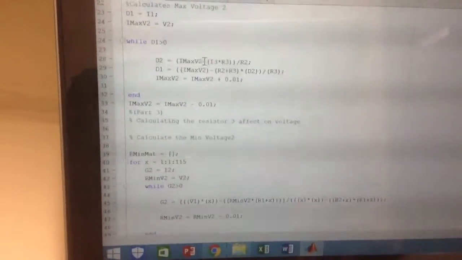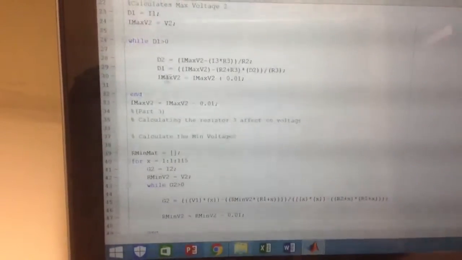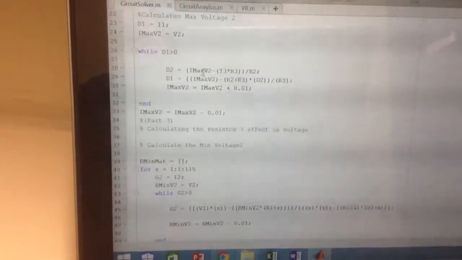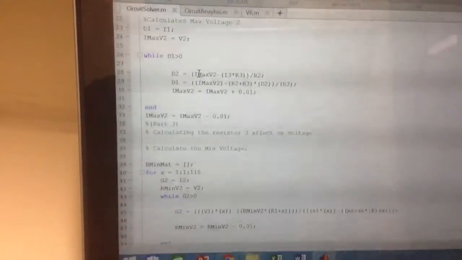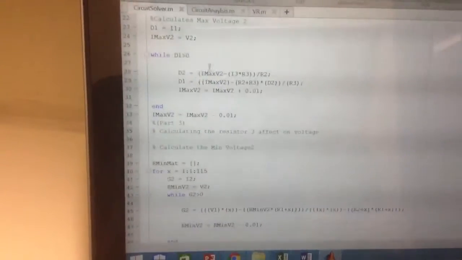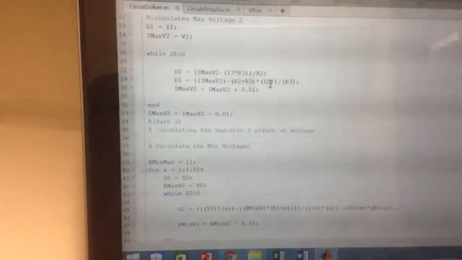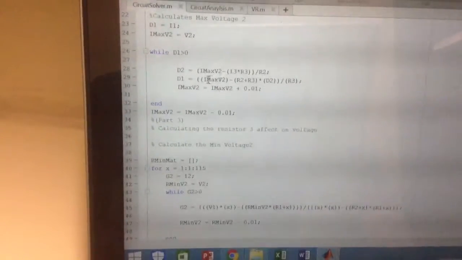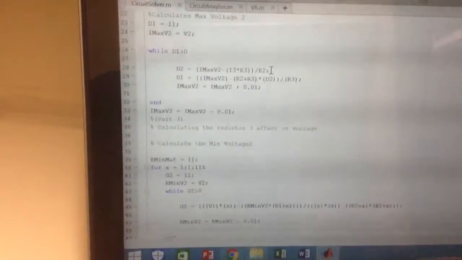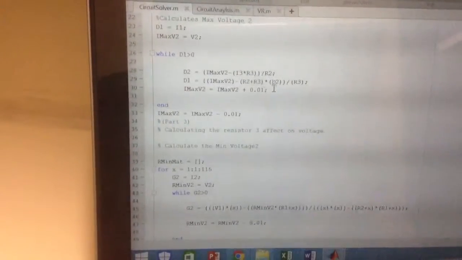For this part, each time the V2 is going to increase by a little bit, the rest is kept unchanged. So when the V2 keeps going, the D2 will keep going. If D2 becomes bigger, V2 becomes bigger.